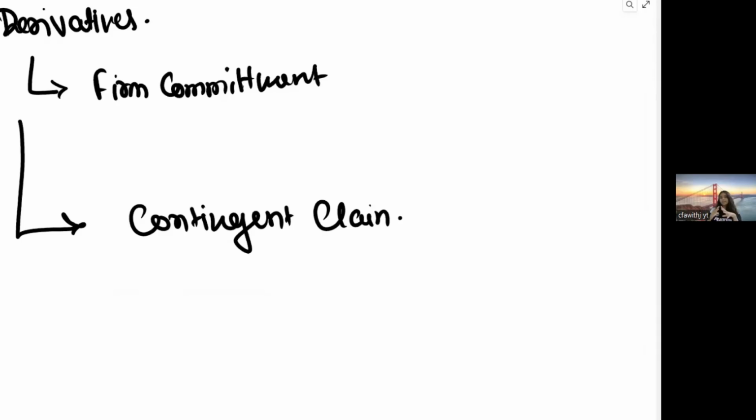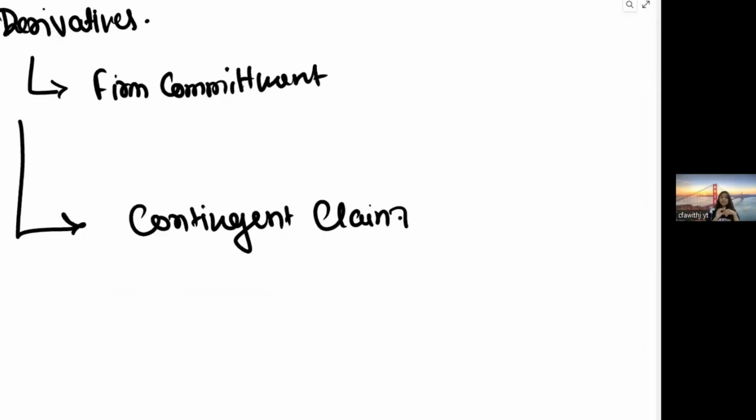So a derivative has two types. One is firm commitment and the other is contingent claim. In a firm commitment, both parties, like what we discussed in forward contracts, A and B, predetermine the rate at which a commodity or the underlying asset is being sold, at what time, at what rate, and so on. Everything is predetermined. Examples of firm commitment are forwards, futures, and swaps.